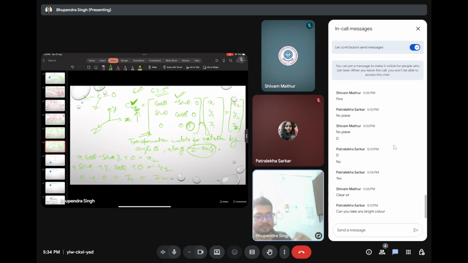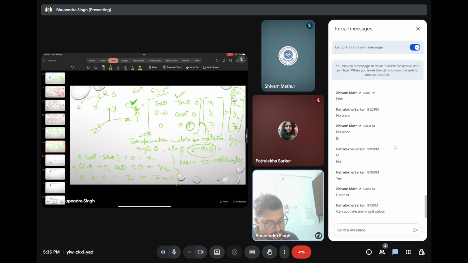So the new coordinates will be like this. These are the new coordinates.